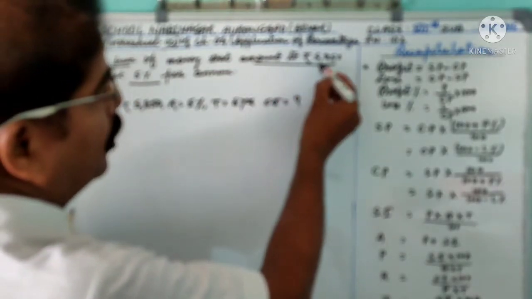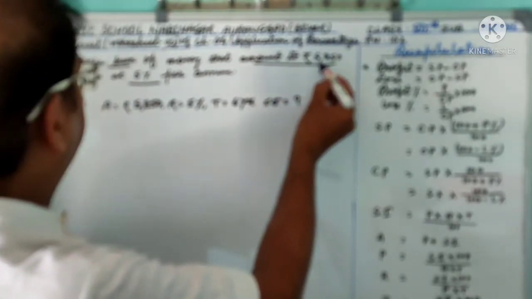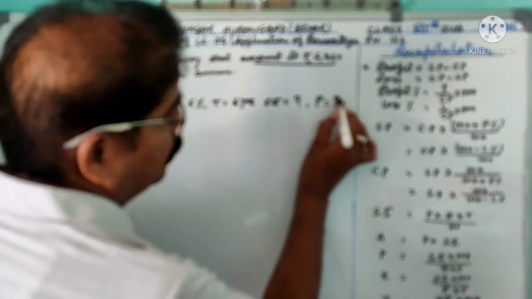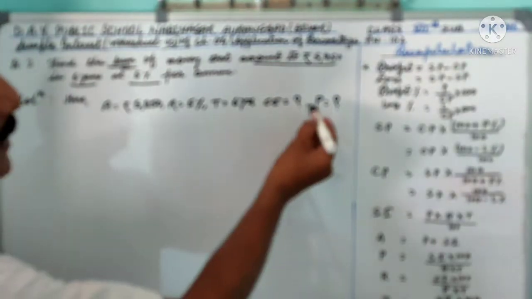That is, amount is given as 5,850, T equals 6 years, R equals 5%, and find the sum. P equals what? First you find SI, after that P.